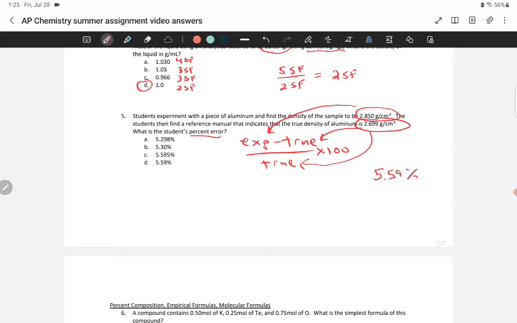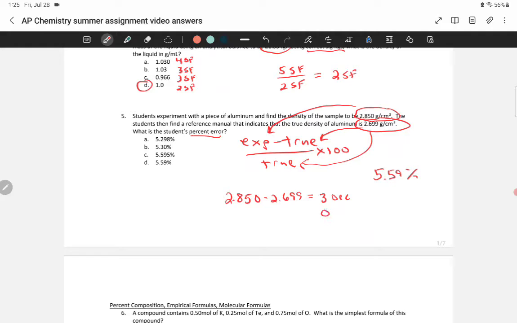Why do I use those numbers as sig figs? So when I do the 2.850 minus the 2.699, that subtraction, I have to go to the right number of decimal places. So that gives me 3 decimal places.